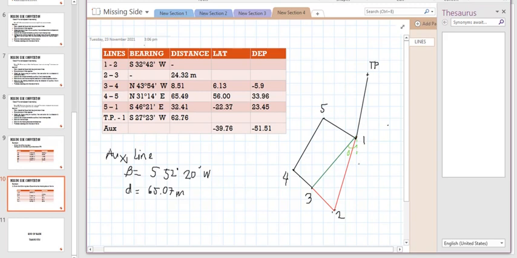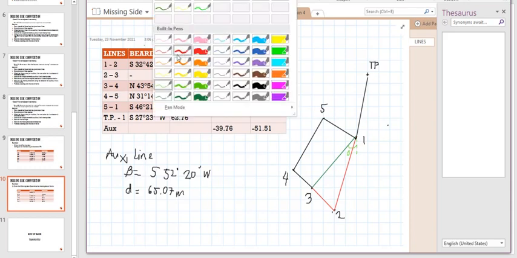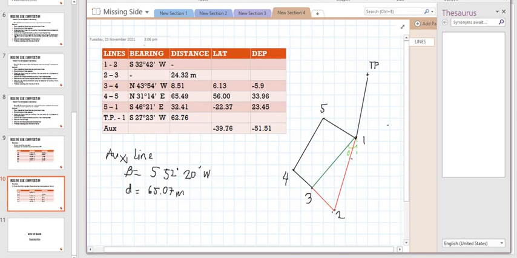Then we also know the bearing of the line 1 to 2, which is 32 degrees 42 minutes, southwest.